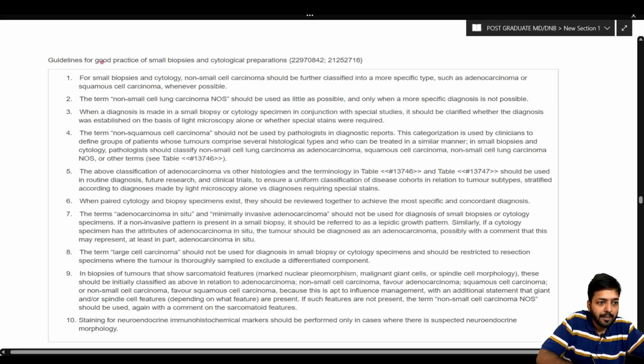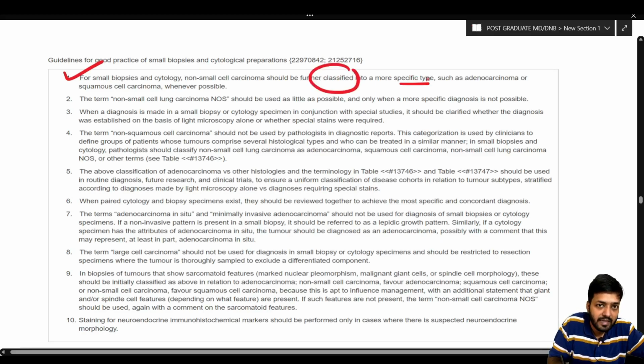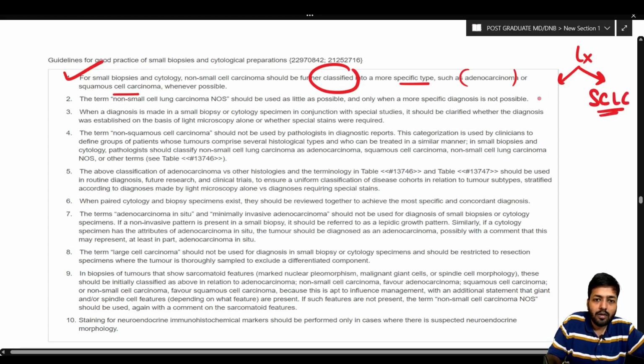So for small biopsies and cytology, non-small cell carcinoma should be further classified into a more specific type like adenocarcinoma or squamous cell carcinoma whenever it is possible. So it's very important. What used to happen previously is that any kind of lung tumor used to be diagnosed under two headings, either small cell lung carcinoma or non-small cell lung carcinoma.